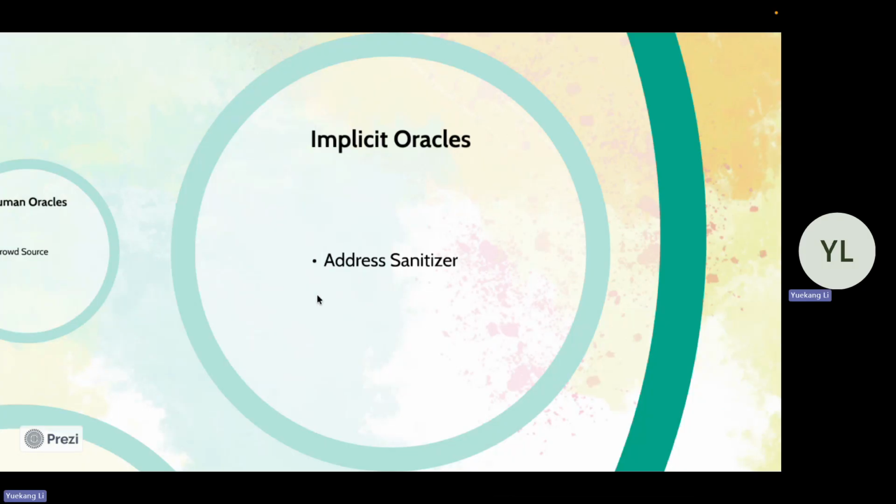And lastly, we learned about implicit oracles. This is the most autonomous type of oracles, because these oracles are behaviors that every program should follow. For example, a program should never crash, right? And we can use some techniques to increase the sensitivity of these oracles. The typical technique here is address sanitizer.